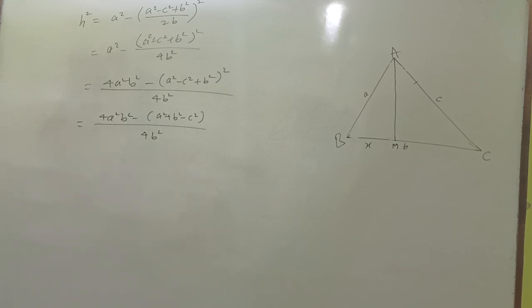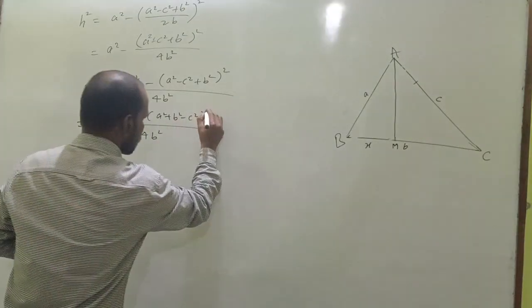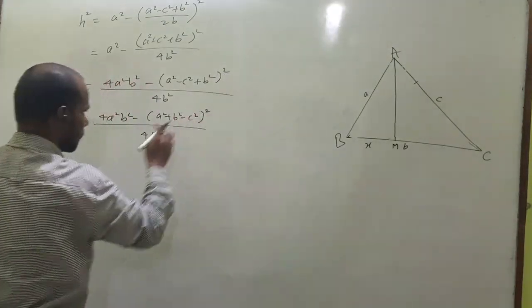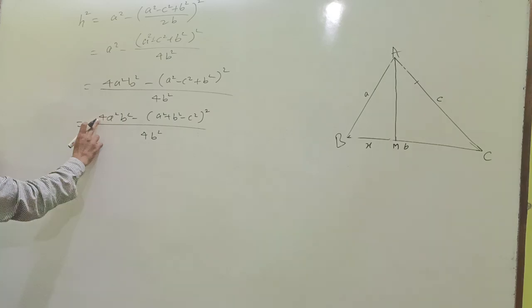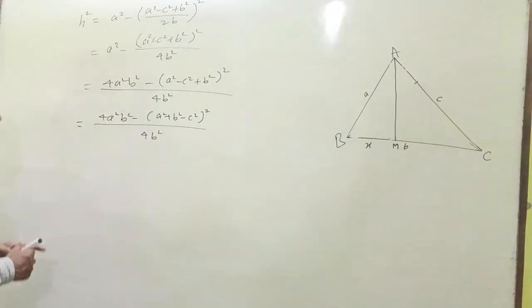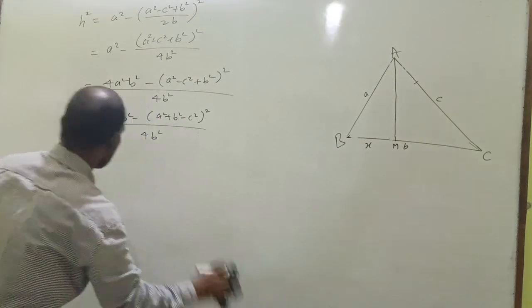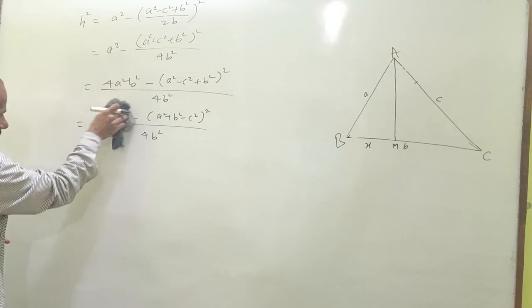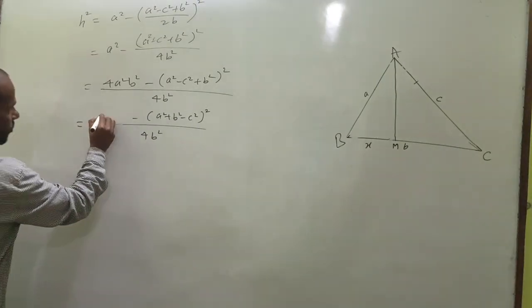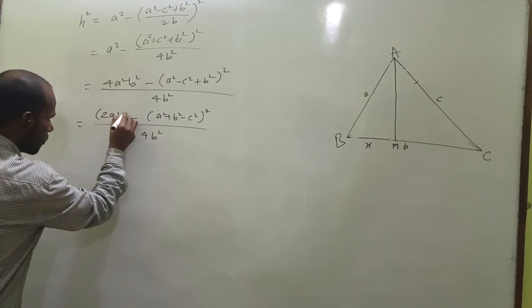Here we are going to write the whole square of this term. There is a whole square already, we will arrange this one. We can also write this term as 2ab whole square.